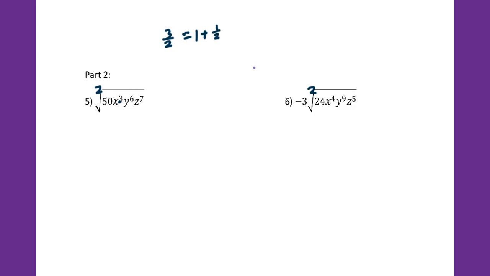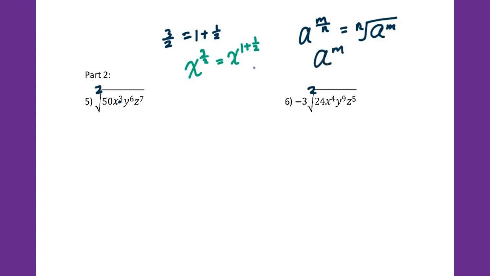We do know radical exponents: a to the m over nth power means the nth root of a to the mth power. Therefore, for x, we do the 3 over 2 power. I can write down x to the 1 plus 1/2. We do know the power rule is a to the mth power times a to the nth power equals a to the m plus n. So we do it backwards this time.